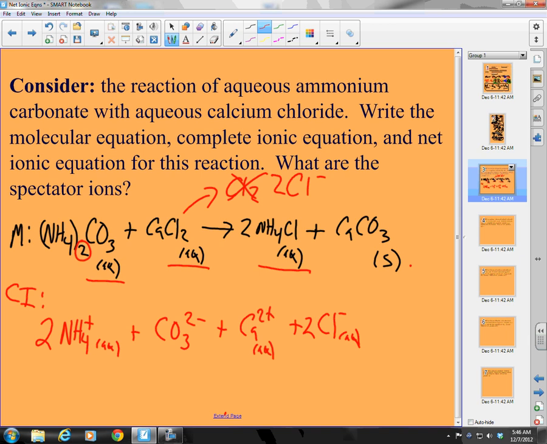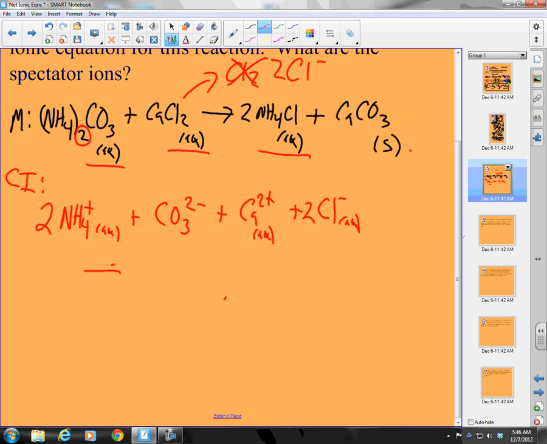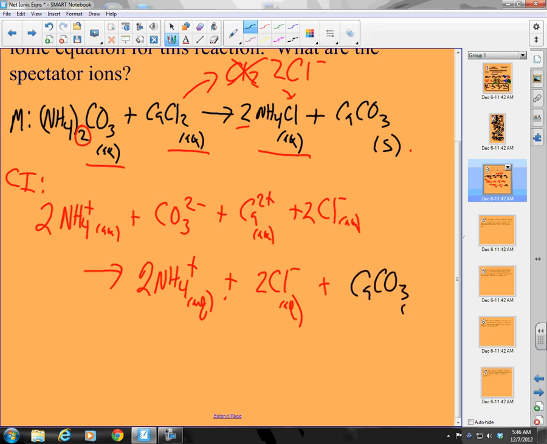Let's use more space here. And that's going to yield what? 2 ammoniums, aqueous, plus, well, I have 2 times Cl. That means I have 2 Cl minuses, aqueous, plus my solid, CaCO3 solid. Good?